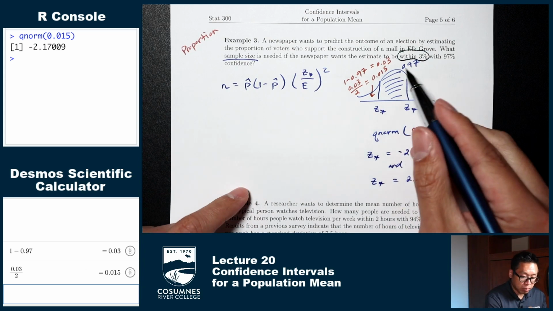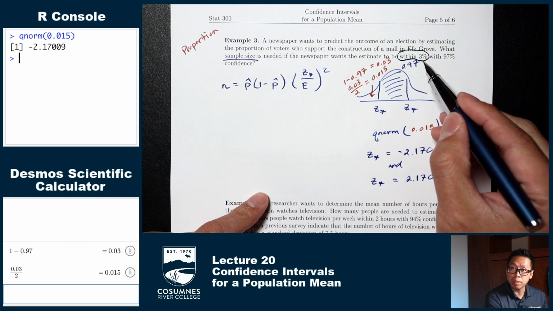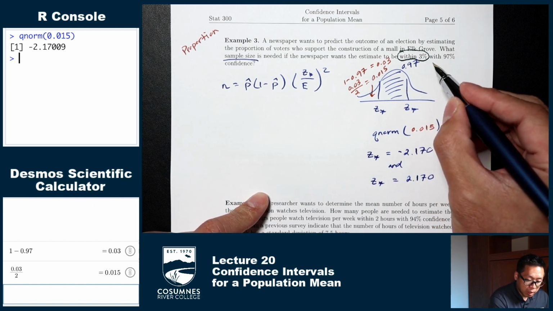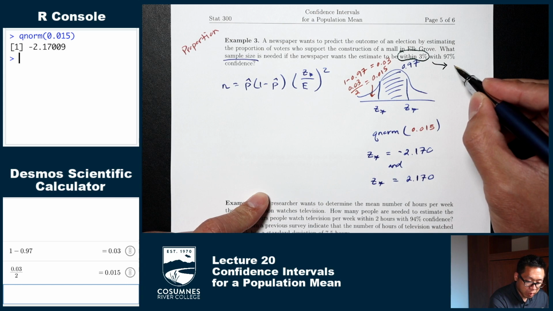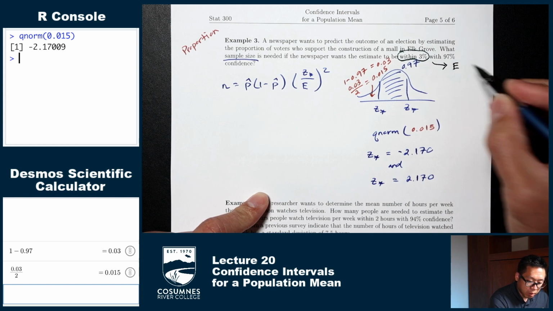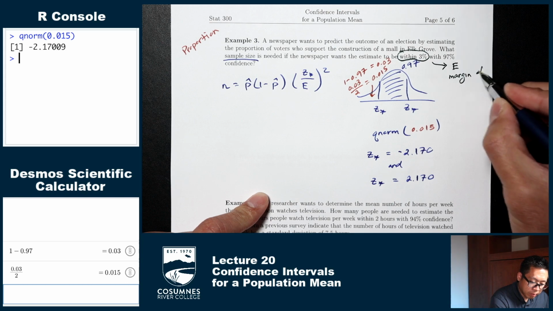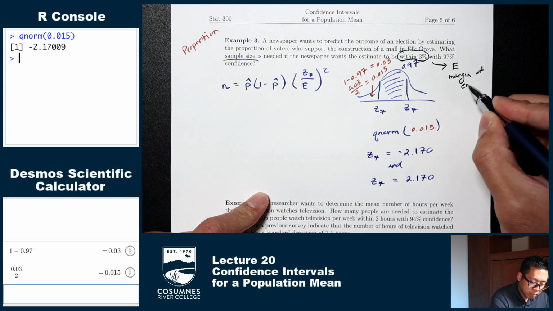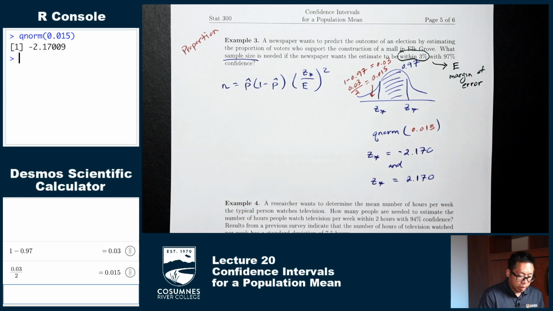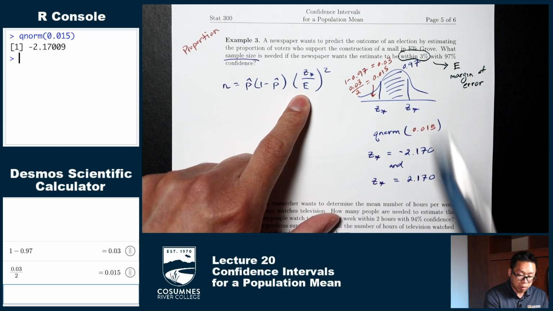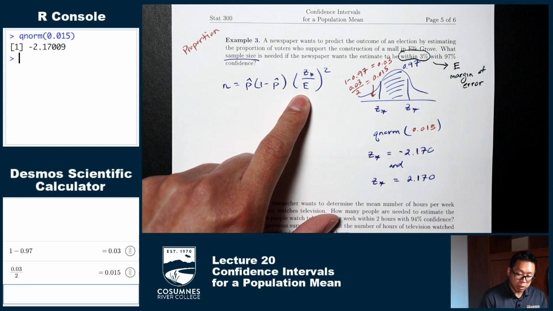So they want the error to be within 3%, so 3% is the margin of error. That's going to go in for E, but remember, convert that to a decimal.